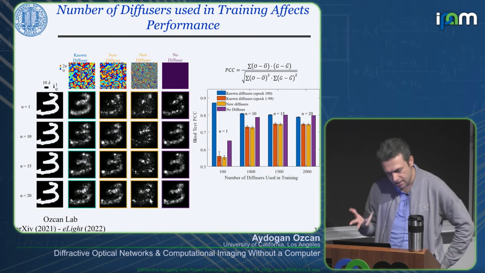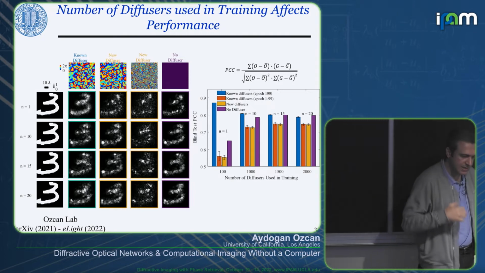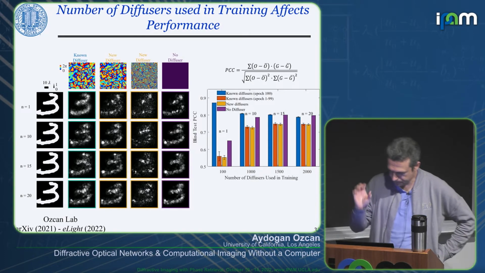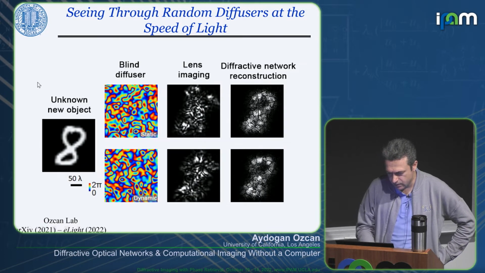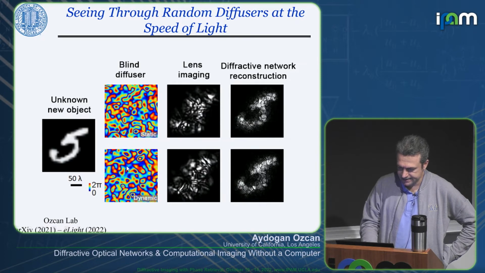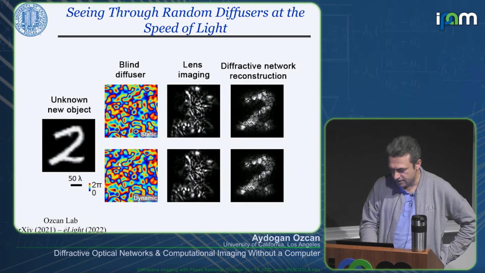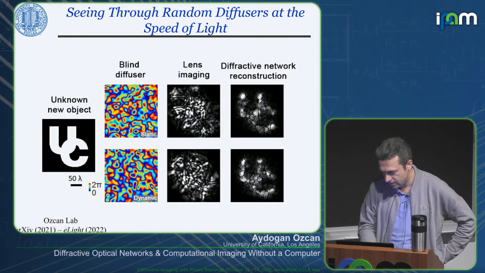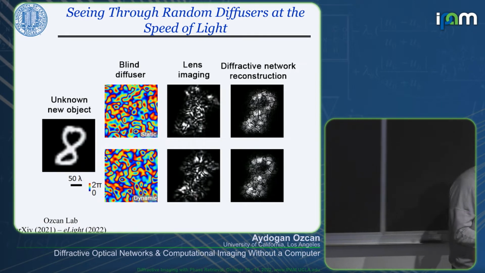Even then, it actually performs good imaging, despite the fact that it's a new diffuser with a different kind of statistical correlation length. So this movie highlights everything. You have new objects, unknown, new diffusers that are entirely blocking it. If you have a perfect imaging system, you get speckled patterns coming from the dynamically changing blind diffuser, and at the network output, all optically, you stabilize the image to see through diffusers.